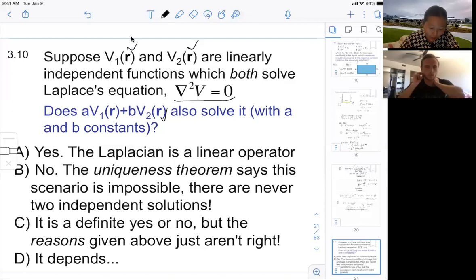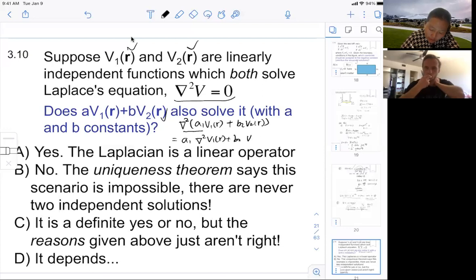In this case, no, we are not limited to one solution because the boundary conditions are not satisfied yet. And A is correct because the Laplacian is a linear operator. So if you have the new solution, plug it in and simply see if it still applies, right? This becomes A times the Laplacian of V1 plus B times the Laplacian of V2.